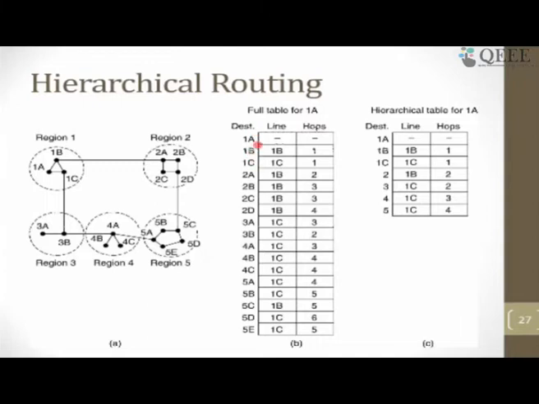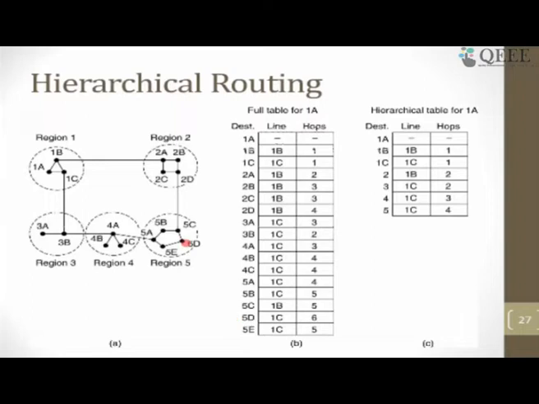See, I am building up a full table of 1A. The full table of 1A would include all the nodes: 1B, 1C, 2A, 2B, 2C, 2D, 3A, 3B, 4A, 4B, 4C, 5A, 5B, 5C, 5D. All the nodes we have to build.